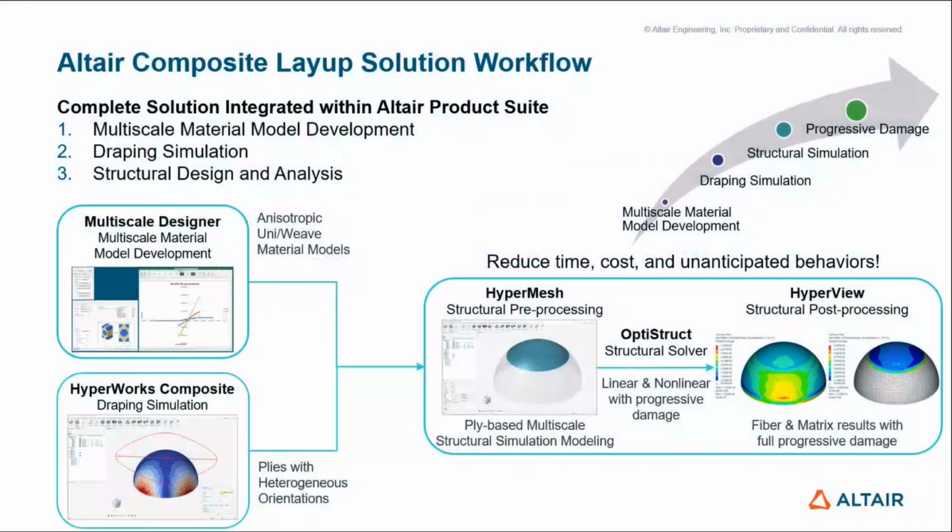And the first one is a very classic one, the normal composite layup solution workflow. In this one, you would basically start with the same thing that you could start any of the other workflows with, which is creating your material model.